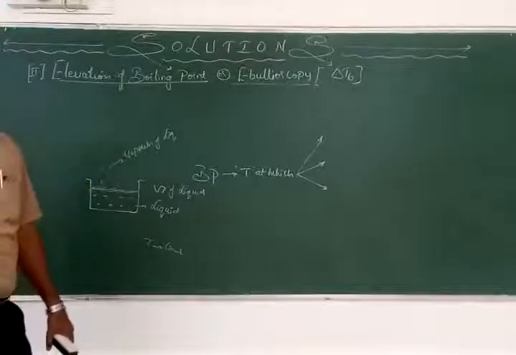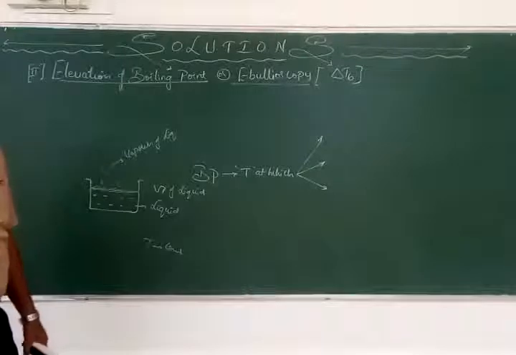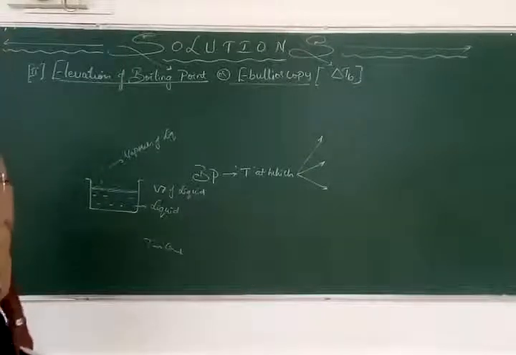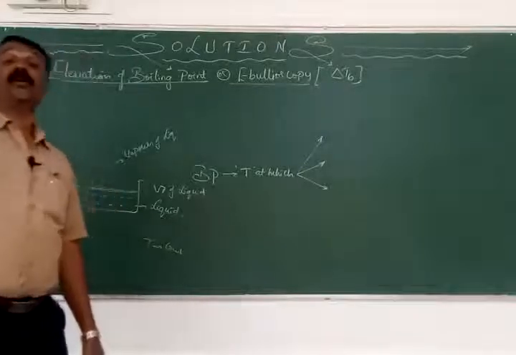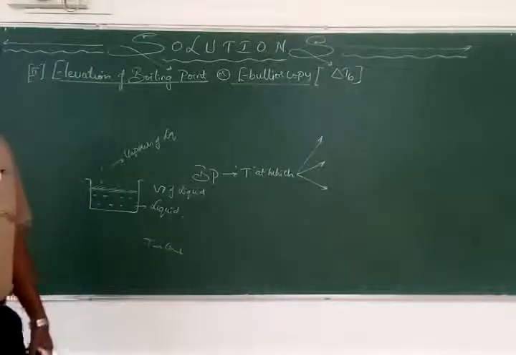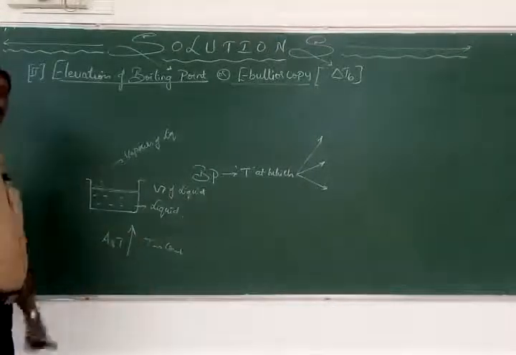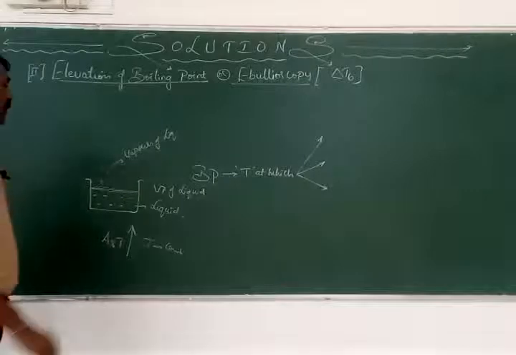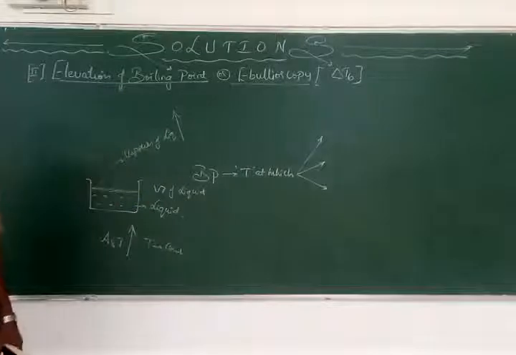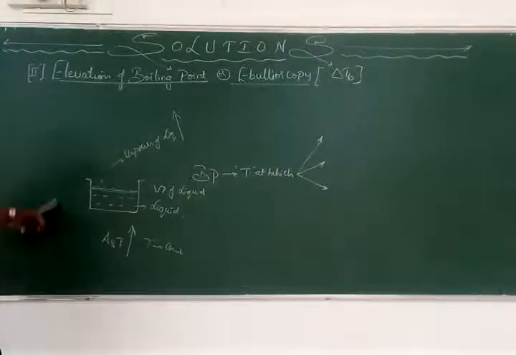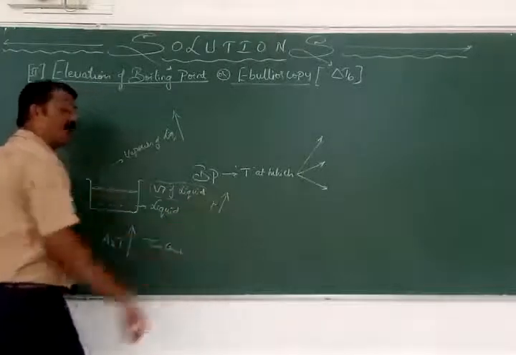As we have mentioned already, how is the vapor pressure related to the temperature? Directly proportional, because an increase in temperature increases the vaporization of the liquid, and hence it increases which one? The vapor pressure of the liquid. Means as temperature increases, the number of vapors of the given liquid or solvent goes on increasing, such that the vapor pressure of the liquid also goes on increasing.